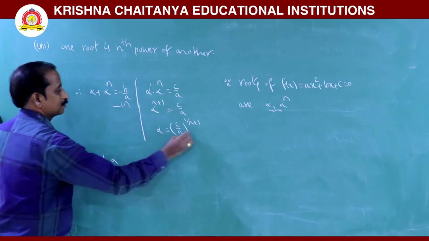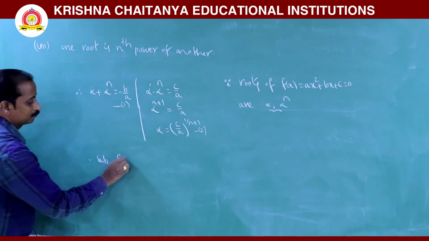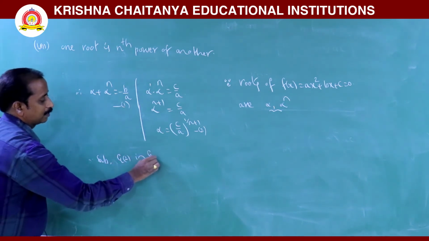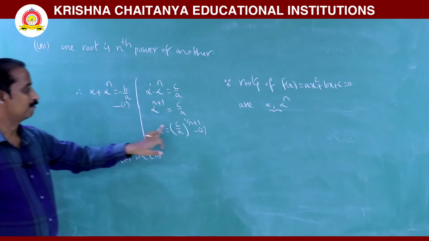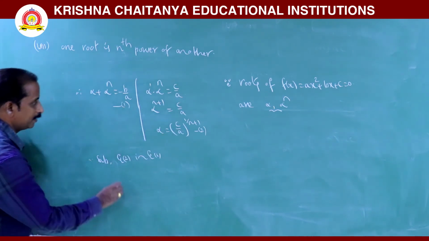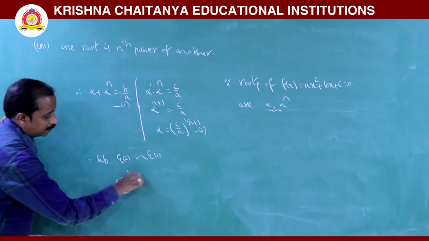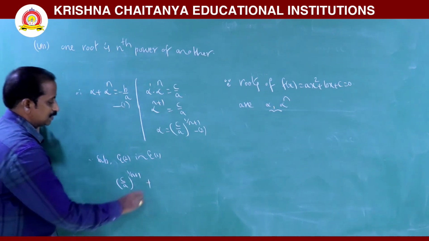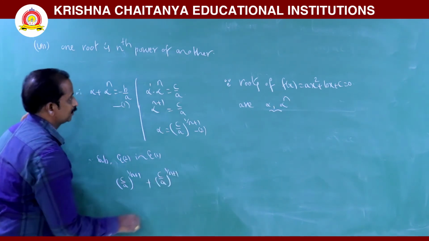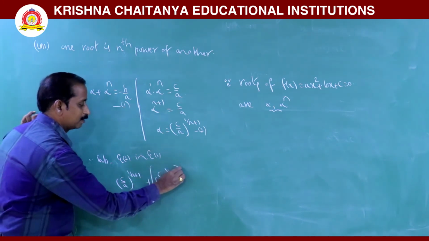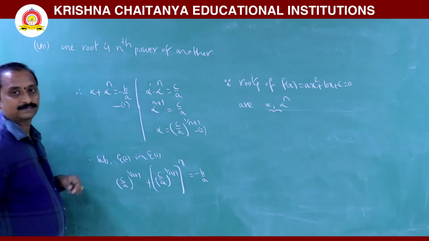Consider this as 1 and this as 2. Substitute equation number 2 in equation number 1. What we get: alpha means (c by a) whole to the power of 1 by n plus 1, plus (c by a) whole to the power of 1 by n plus 1, to the power of n, is equal to minus b by a.